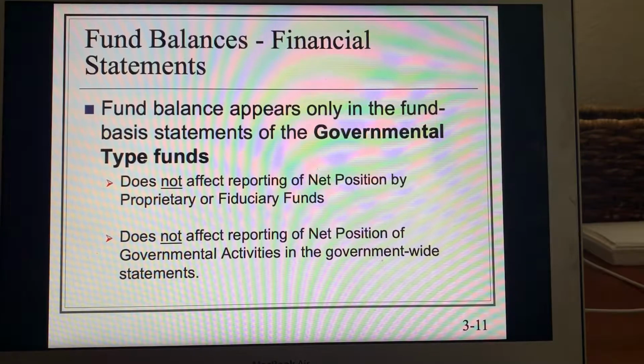Fund balance appears only in the fund basis statements of the governmental type funds. It does not affect reporting of net position by proprietary or fiduciary funds, okay? It does not affect reporting of net position of governmental activities in the government-wide statements.